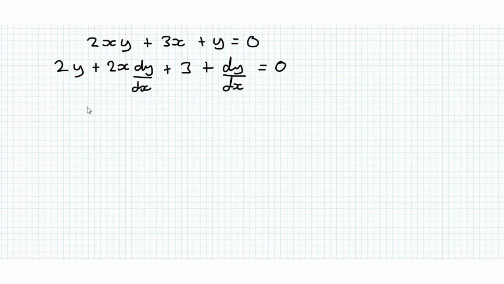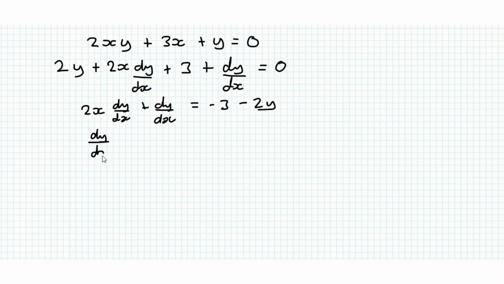Now we want to get all the dy by dx terms together: 2x dy by dx plus dy by dx is equal to minus 3 minus 2y, and now we can see that dy by dx is equal to minus 3 plus 2y over 2x plus 1.